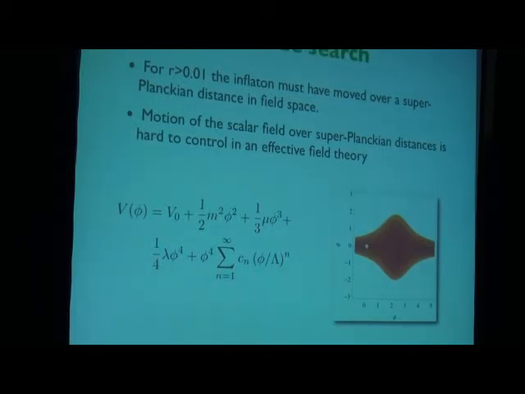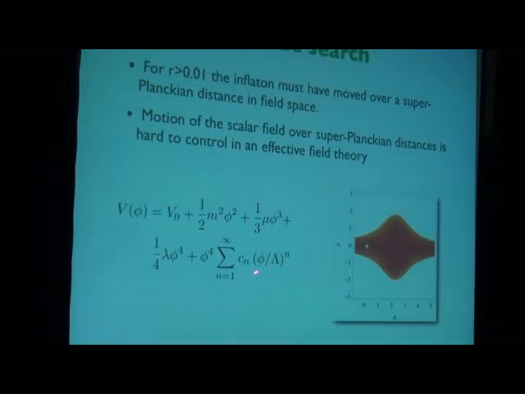I have a potential, and it might have a constant piece, it might have quadratic, cubic, quartic interactions, as well as all kinds of higher order terms, which are typically suppressed by the cutoff and come with order 1 coefficients. Now you see, if you're interested in excursions in field space that are small compared to the cutoff, you only really need to know the first few terms in the potential.